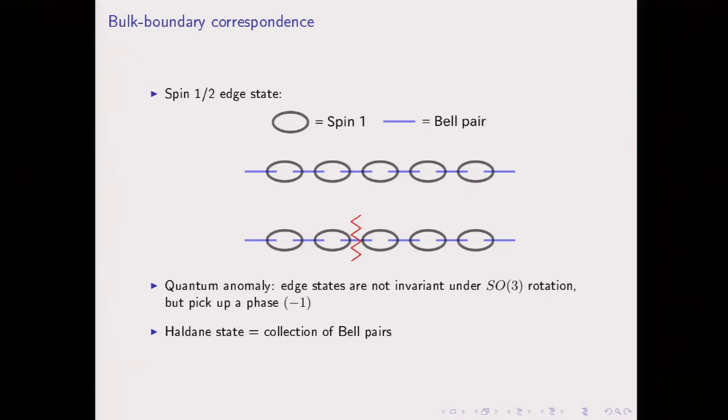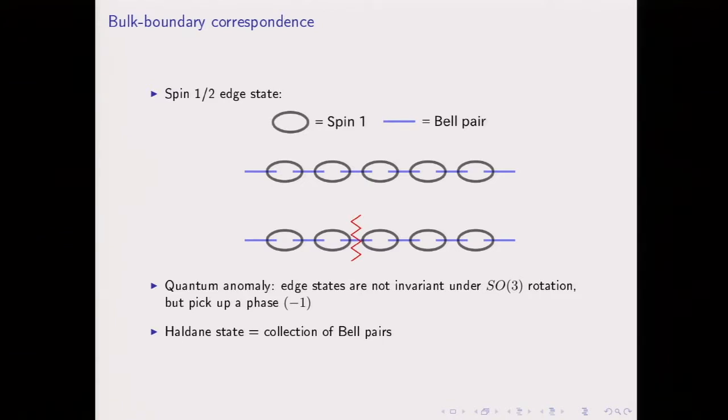A nice way to picture the ground state of the Haldane chain is to draw this picture. This is my one-dimensional lattice, and at each site I have a spin-1 degree of freedom.